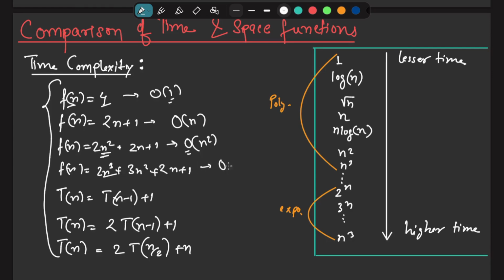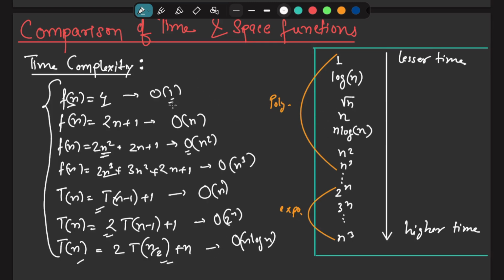For this it was order of n cube. For this recursive function, if we calculate and simplify, we get order of n. For this we got order of 2 power n. This is the same as the previous example in the recursion video, and for this one we get order of n log n if we simplify it.